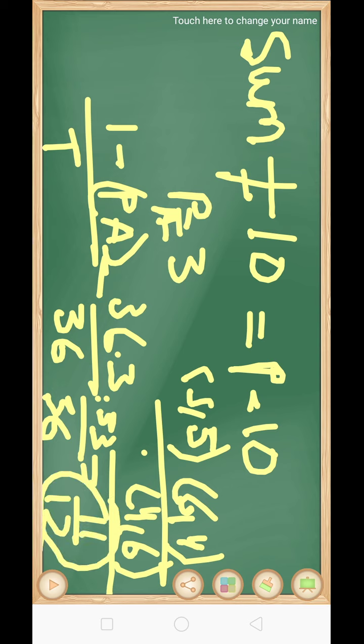So the probability that the sum of two numbers is not equal to 10 is 11 by 12.